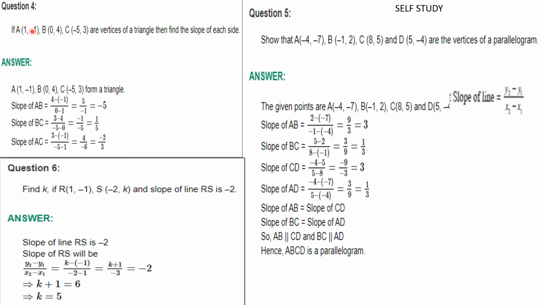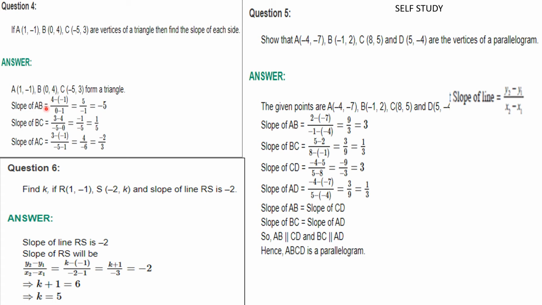Question number 4. A, B and C are vertices of a triangle. Then find the slope of each side. So we'll find out slope AB, slope BC and slope AC.